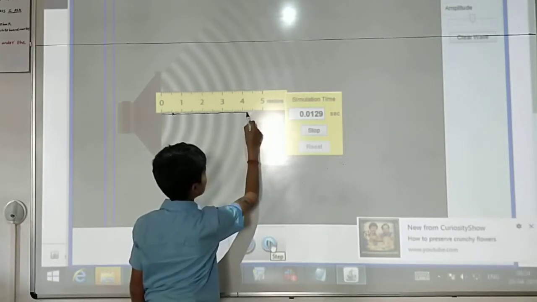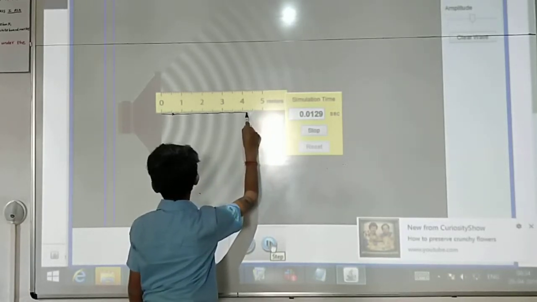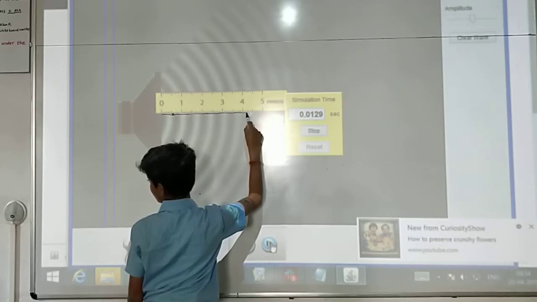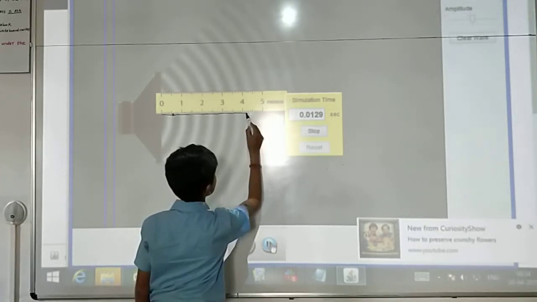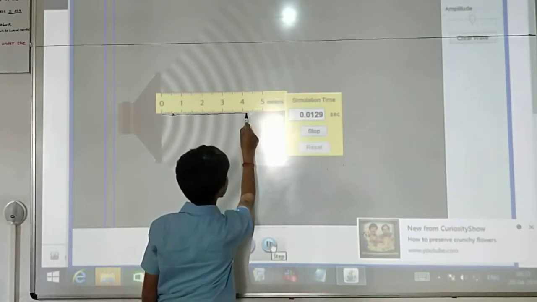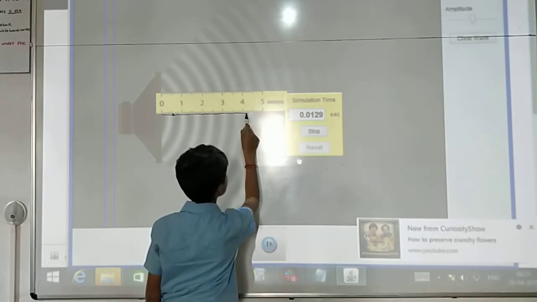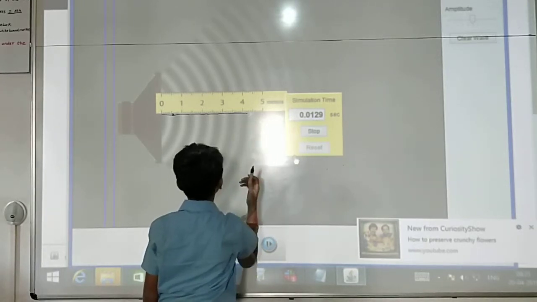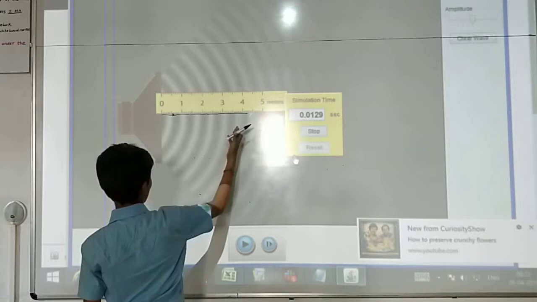Is he correct? So I'll do it. I am thinking that it will be 5. Okay, let this be the first try. According to Keshav, it has not reached. Okay, fine.